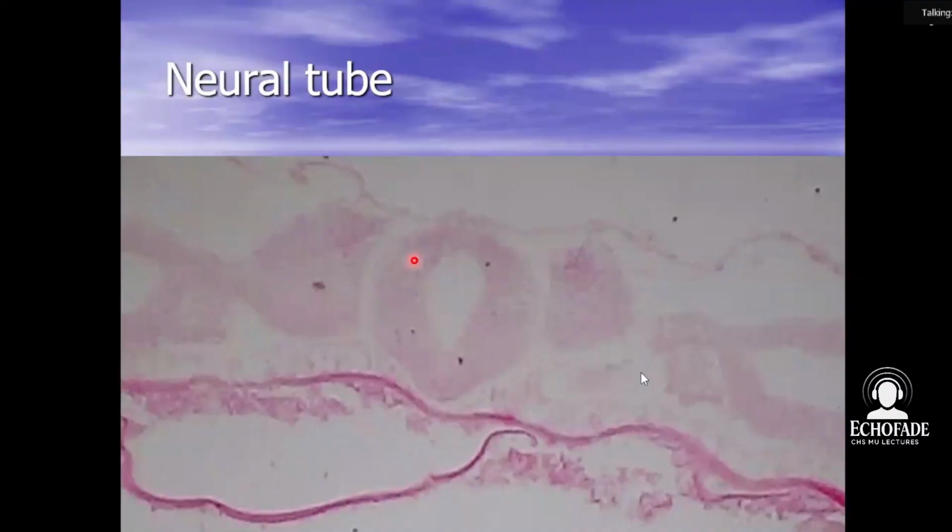So from this, the neural cells which have not moved very far eventually produce central processes that go to the neural tube, connecting the dermatome to the neural tube on the dorsal part. And therefore, this becomes the sensory part.